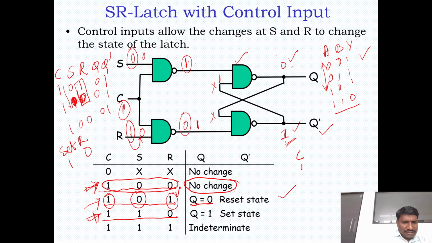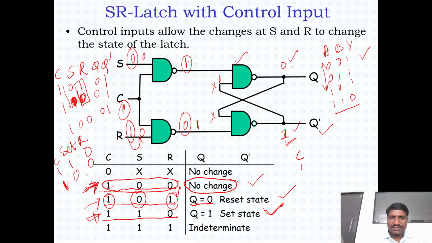Now I will make both of them 0, 0 by keeping C equal to 1 always. C is not going to change, but I first ask it to set, then I make it 0, 0. 1, 0, 0 is a no change case. I can prove it for two cases. When it is in the reset state, it will continue in the reset state itself if I apply 1, 0, 0. If it is in the set state, even if I apply 1, 0, 0 after the set state, it will continue in the set state itself. If I give 1, 1, 1, what is that?